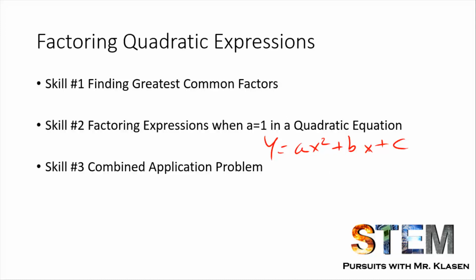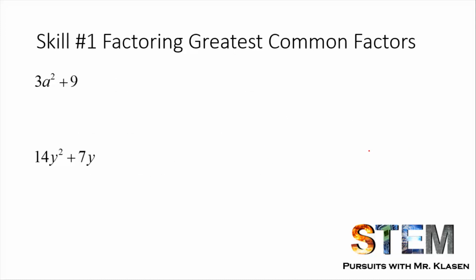So to start off, in terms of factoring quadratic expressions, I want you to look at a quadratic expression like this. It's a simple expression overall, but I want you to be able to pull out common factors. In this specific expression, we have a common factor of 3 in both terms.